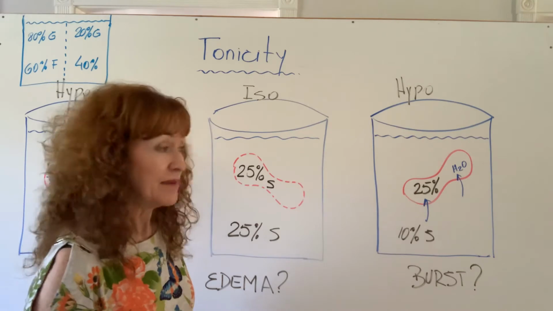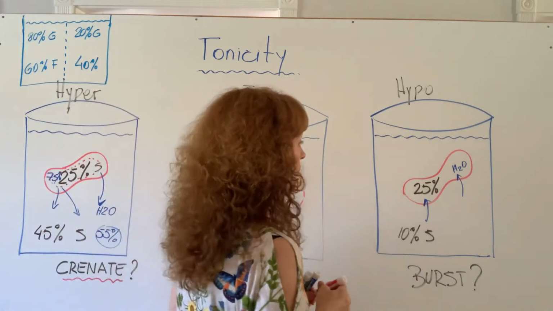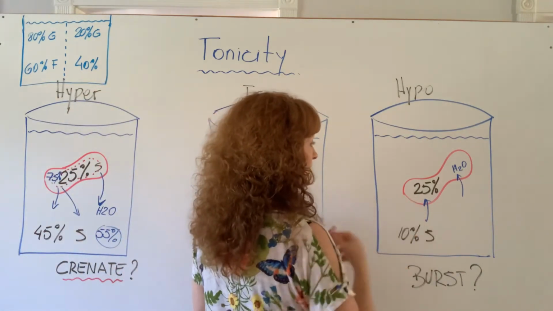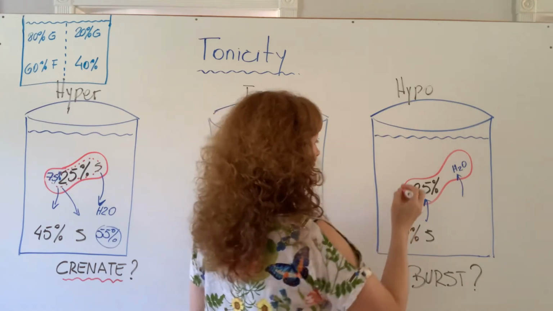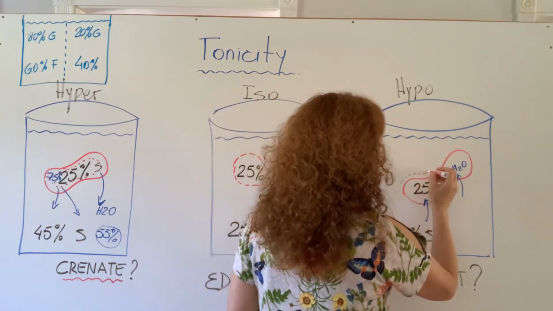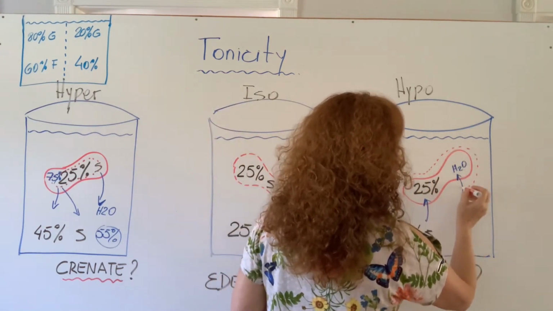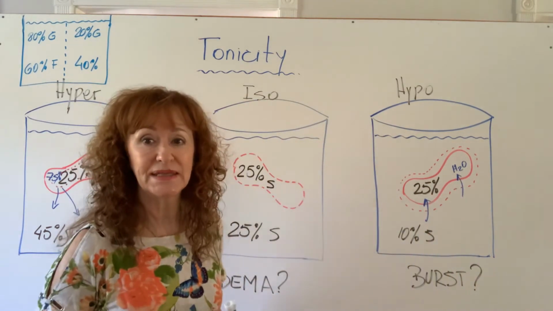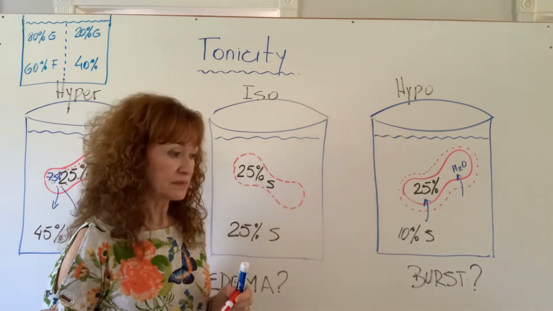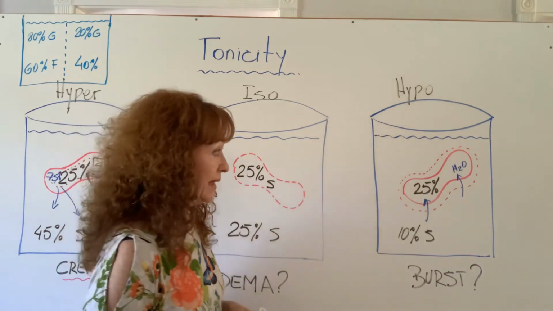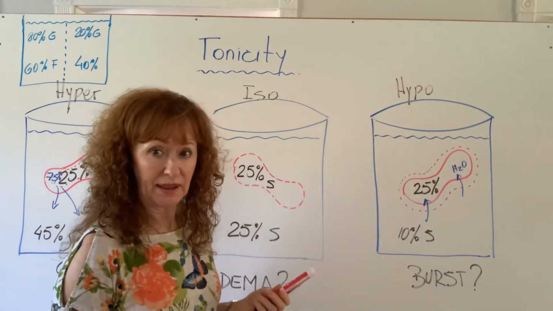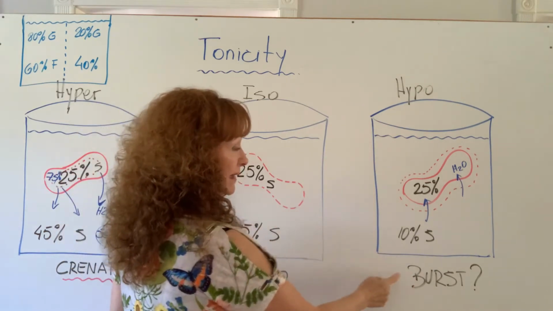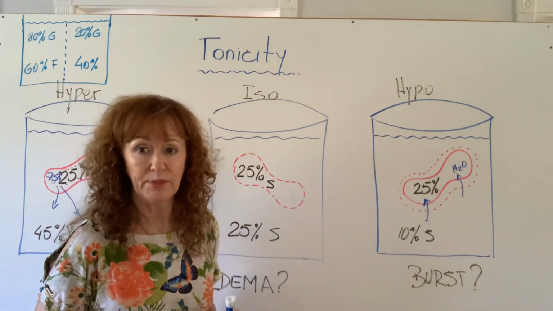Because of that, water will move inside the erythrocyte, and that erythrocyte will increase its volume. Increasing the volume increases the weight as well, so eventually this red blood cell can burst.